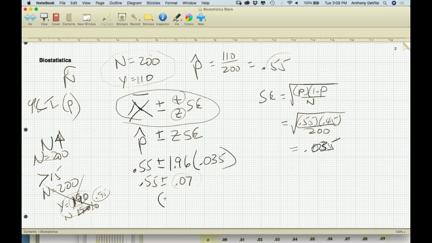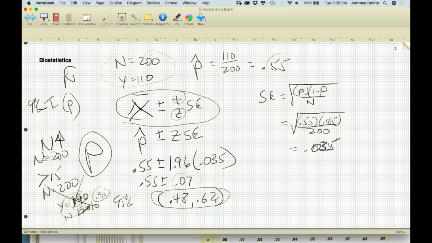So my 95% confidence interval for the true P is 0.48 to 0.62, 48% to 62%. I'm 95% sure the true proportion of people in this population that are going to vote yes is between 48% and 62%. Am I 95% sure that this proposition is going to pass?